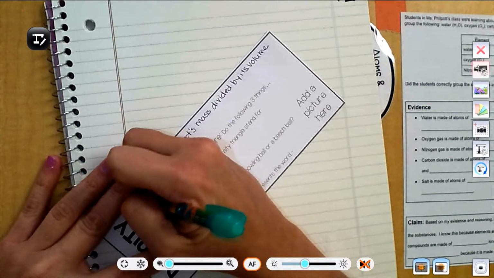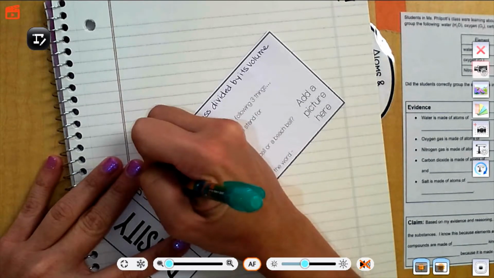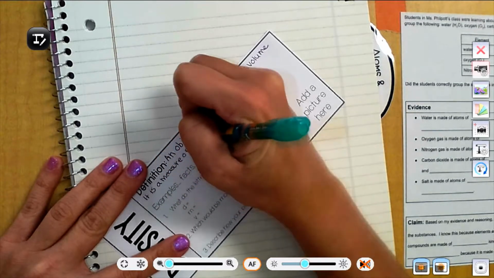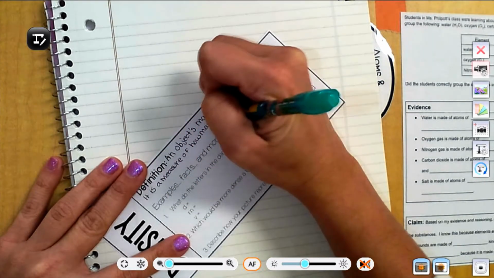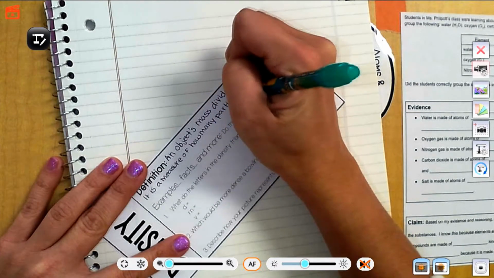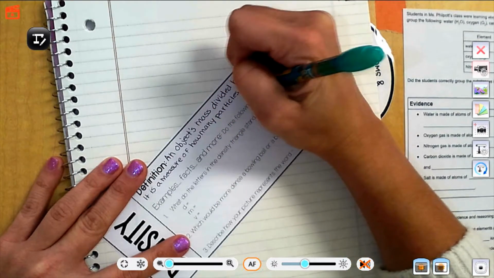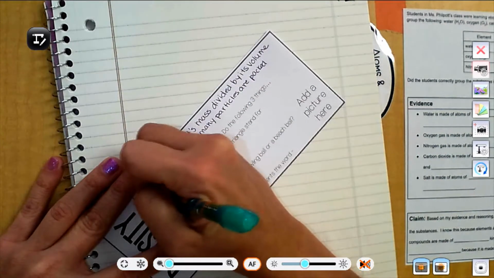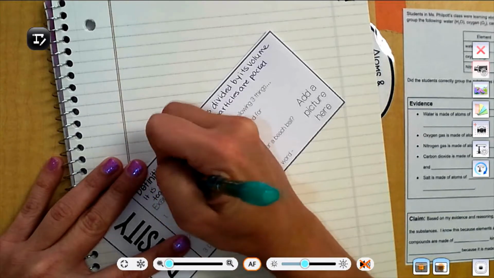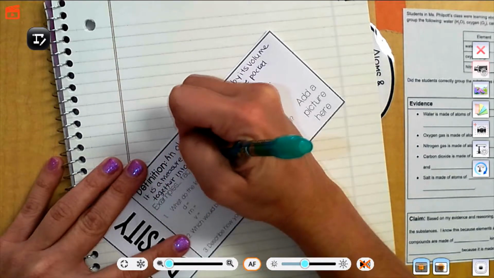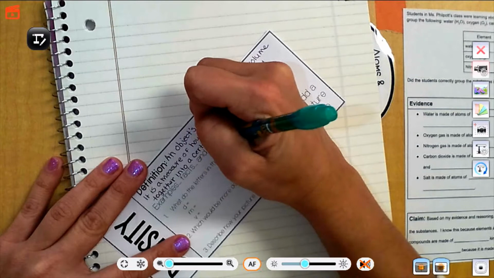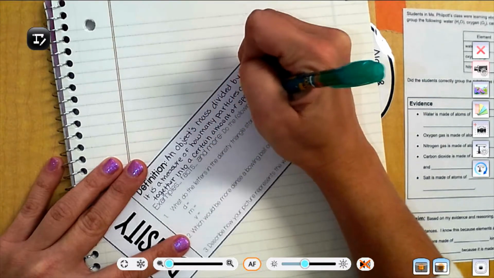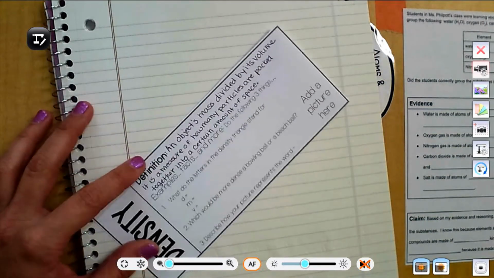So it is a measure of how many particles, remember you can pause this at any time if I'm going too fast, are packed together into a certain amount of space. So that's just how much stuff is fit into one little space.